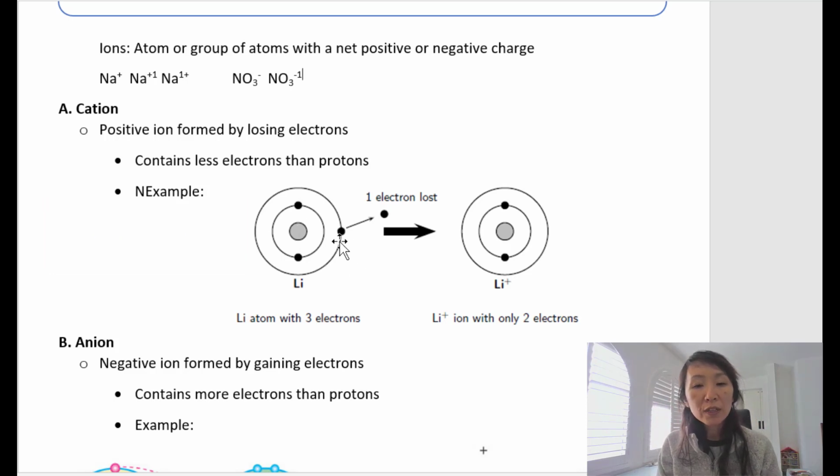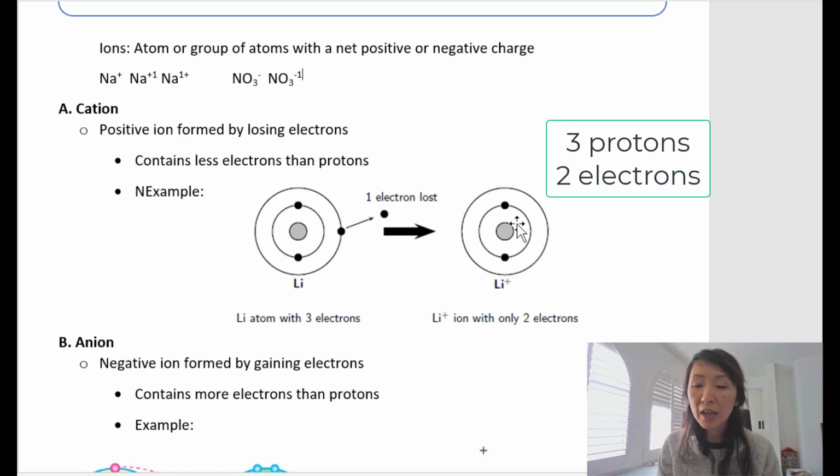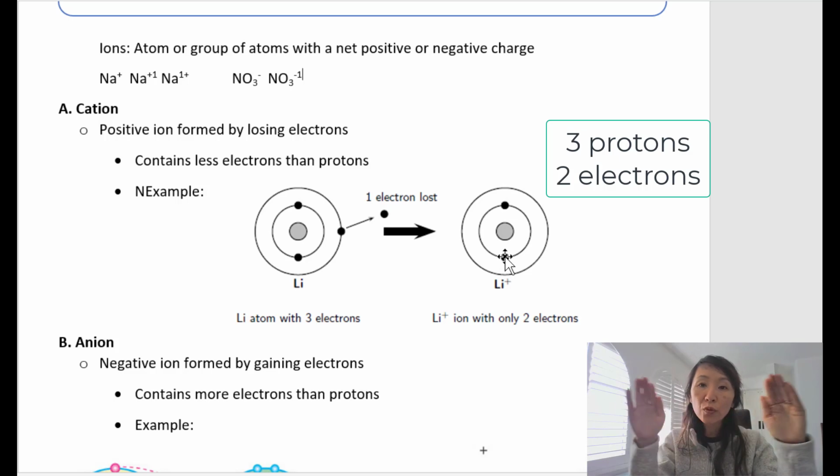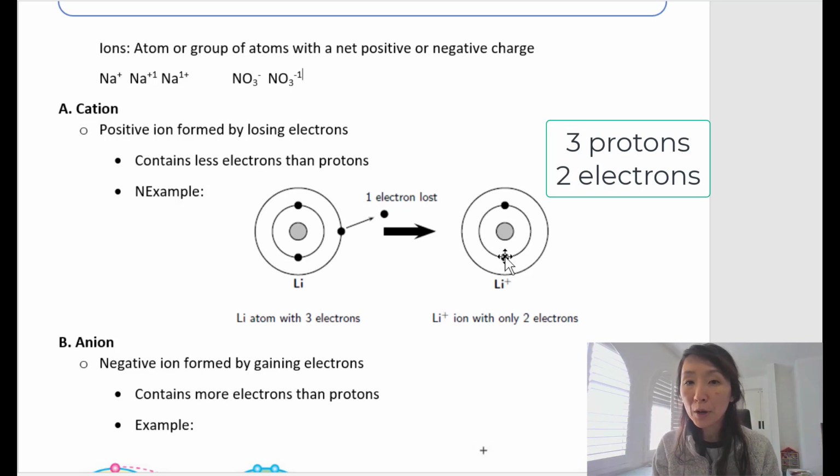However, if 1 electron is lost, and there's only 2 electrons and 3 positives, the overall net would be positive 1. So therefore, lithium can be written as Li, and there is a plus sign.